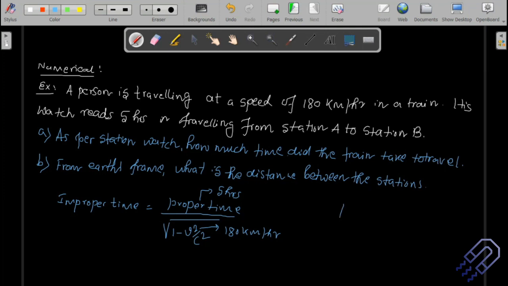If you take a value and divide it by a value less than 1, the entire result will always be greater than the numerator. So that is the idea here. That is why, for improper time, we get a dilation. Dilation means elongated, so time dilation. You can do this calculation and see what answer you get.